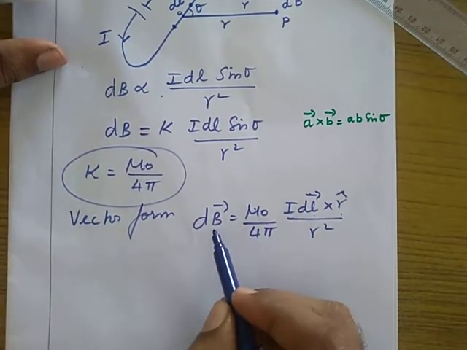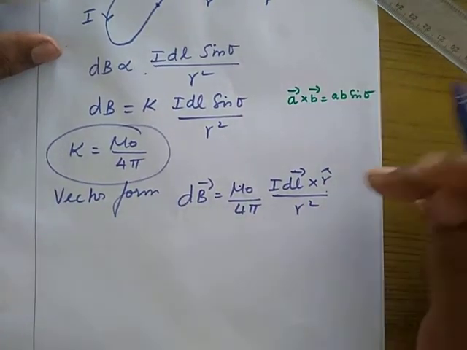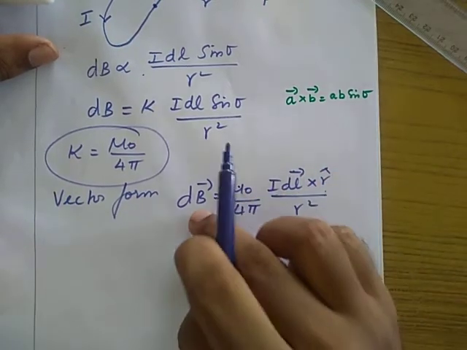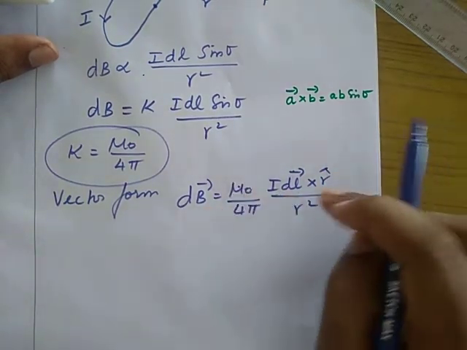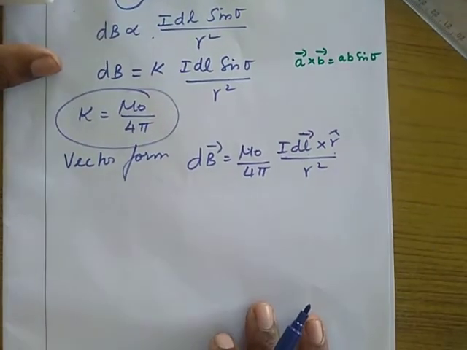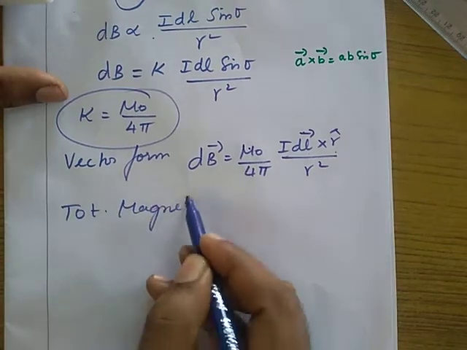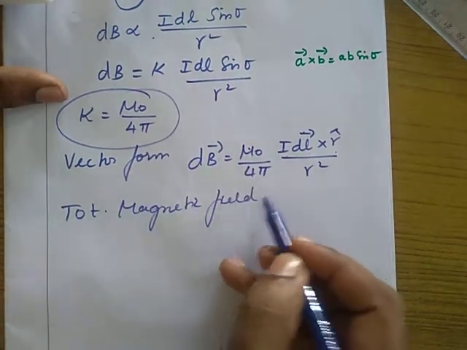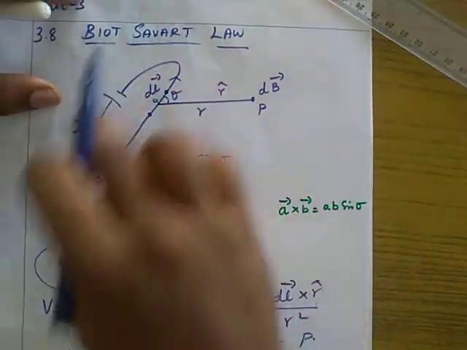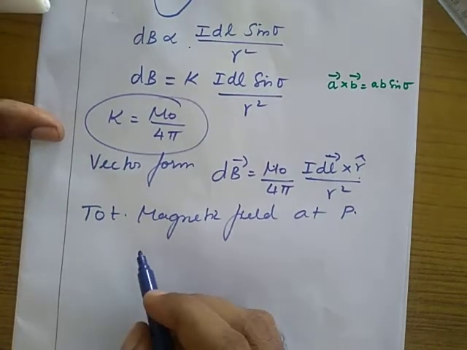This dB vector is always perpendicular to both the dl vector and the r cap vector; it is a resultant vector always perpendicular to these two vectors. In order to find the total magnetic field at P due to the entire length of the conductor, we need to integrate this.